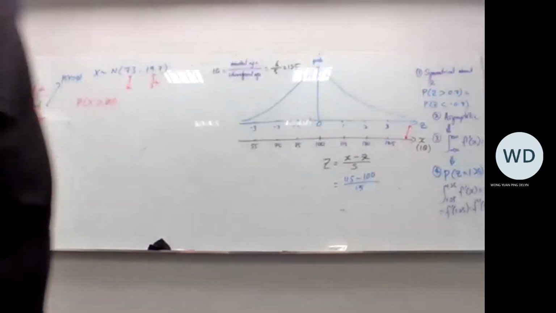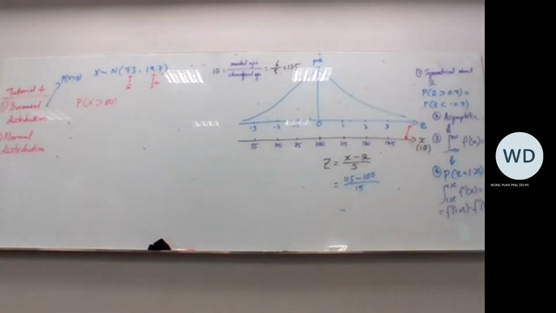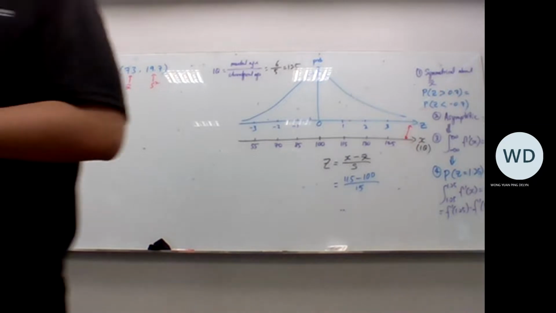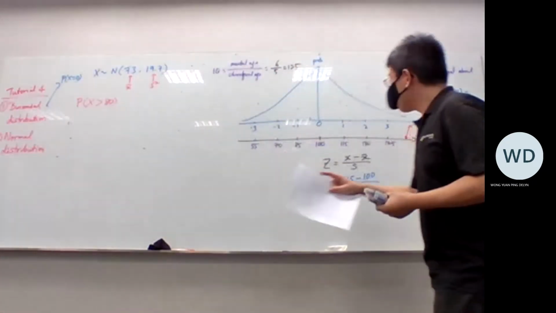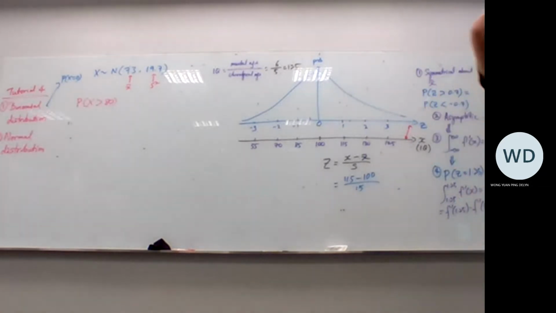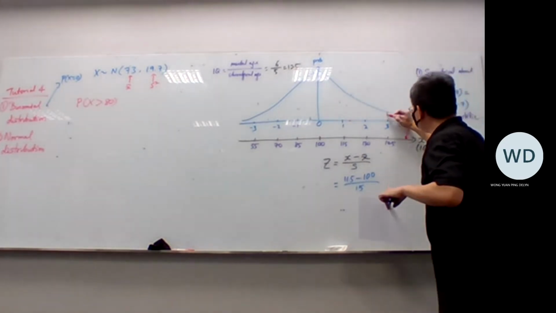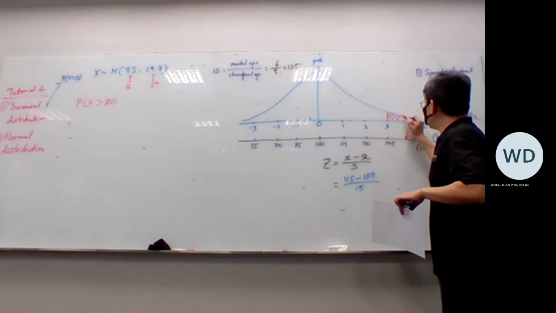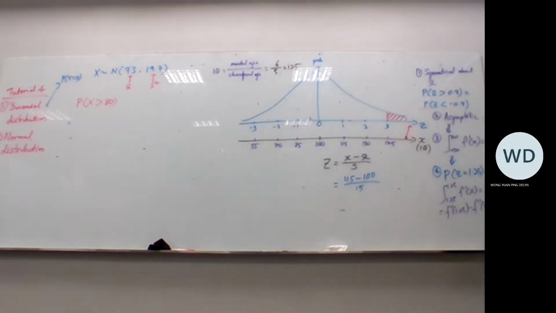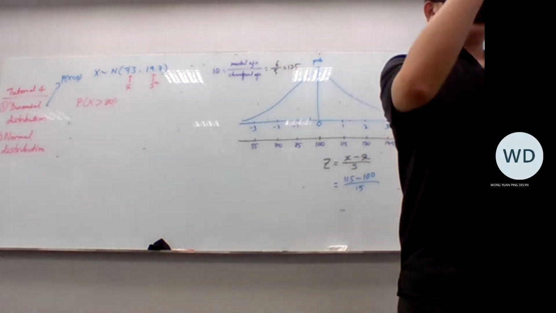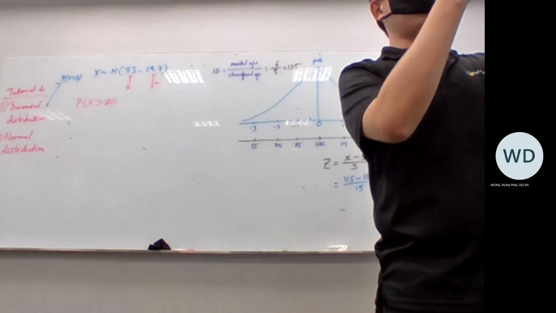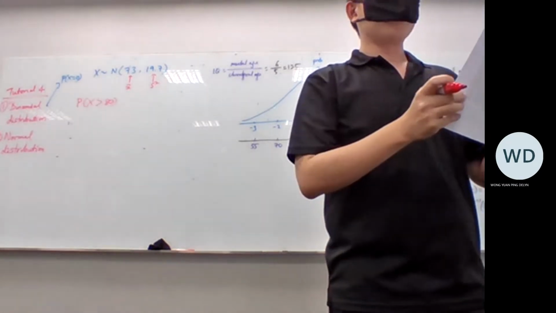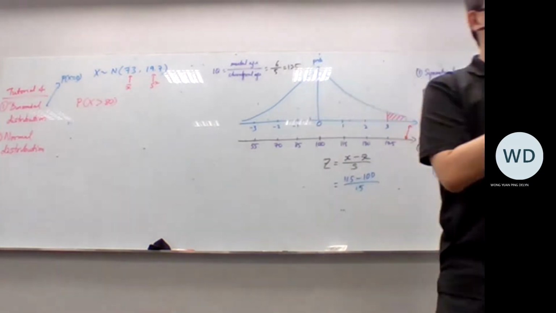Now your normal distribution table tells you how to read off probabilities. If you look at it, it only gives you the right-hand side. For example, if you go to 3.0, you go to the row 3.0, then the first column is 3.00, then the next one is 3.01, 3.02, and so on.